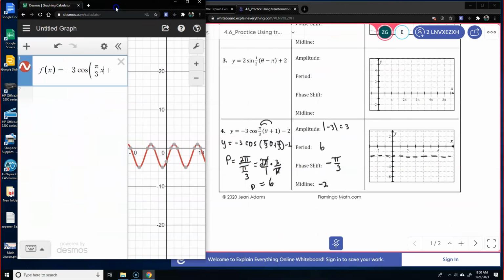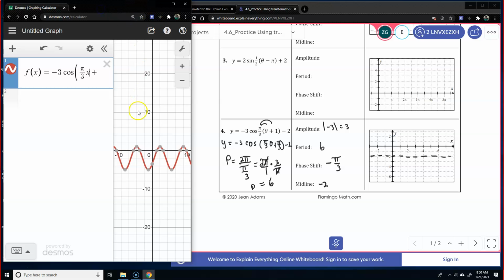So what you want to do, we know that cosine is going to start at -1, -5. So let me go ahead and graph that. So we have -1, -5.